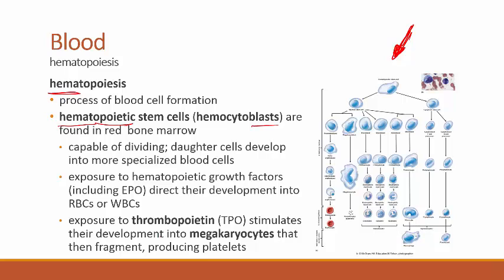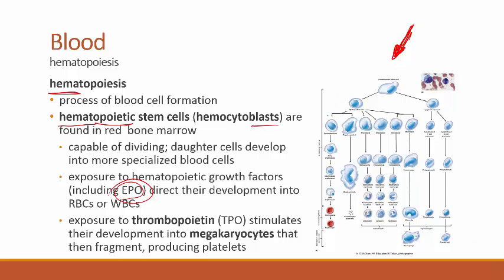Okay, so hematopoietic stem cells, they're capable of dividing, and their daughter cells will develop into these more specialized blood cells. And with exposure to specific hematopoietic growth factors, and erythropoietin is one of those growth factors, the offspring cells are going to be sent down a particular developmental pathway.